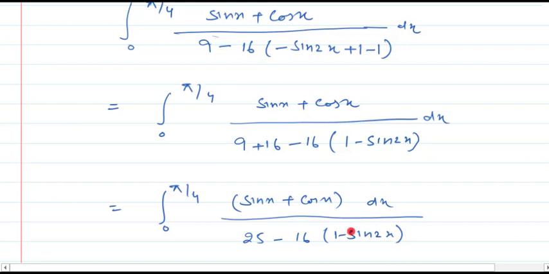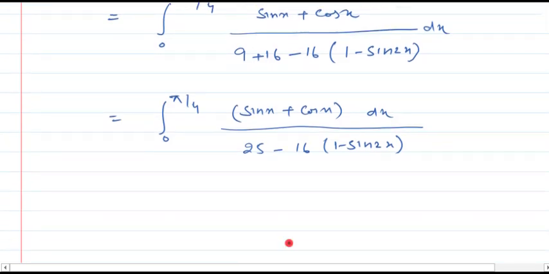Now the question function is ready with us, where we can substitute whatever we have done above. So changing the limits, we know when we put 0 we are getting minus 1 for t, and when we put pi by 4 as x, we are getting t as 0. So limits are minus 1 to 0. Sin x plus cos x dx, we find it as dt.